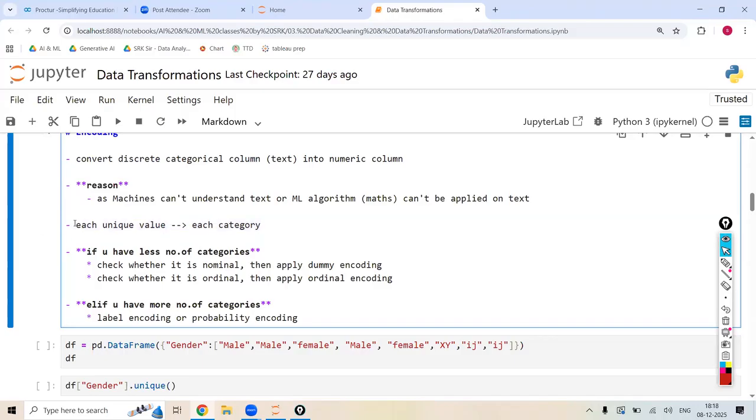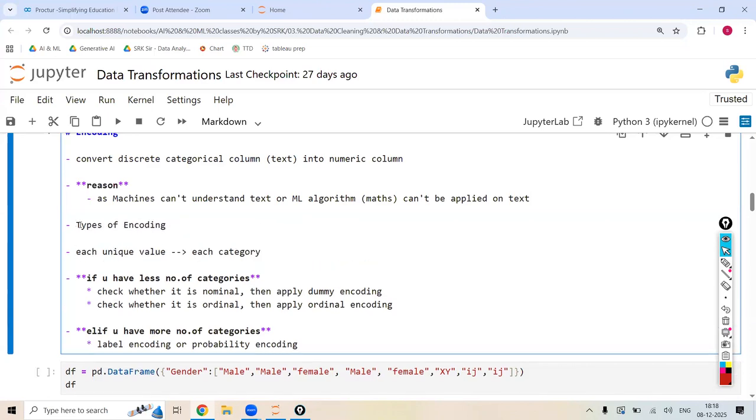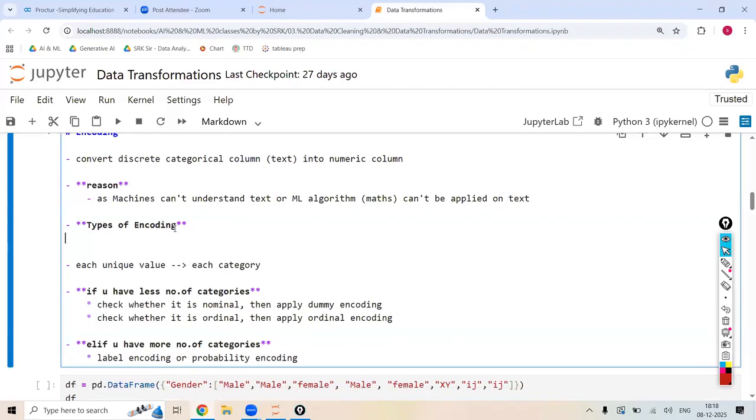The first one is called nominal encoding, which is also called dummy encoding, which is also called one-hot encoding.